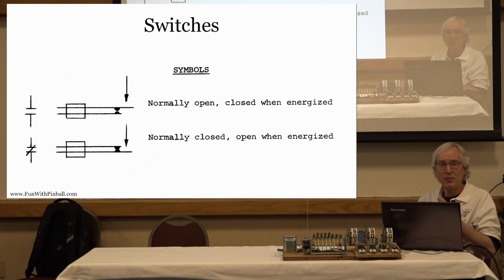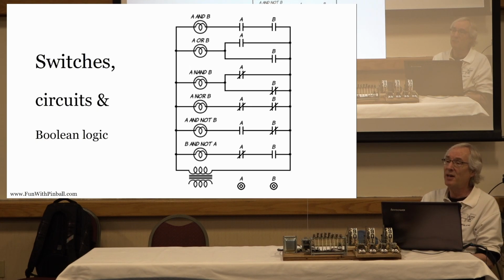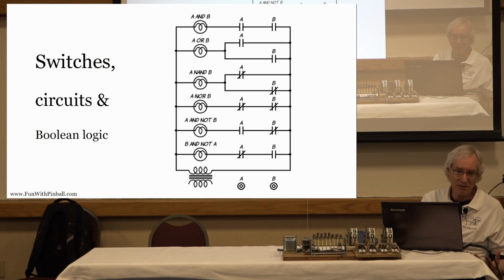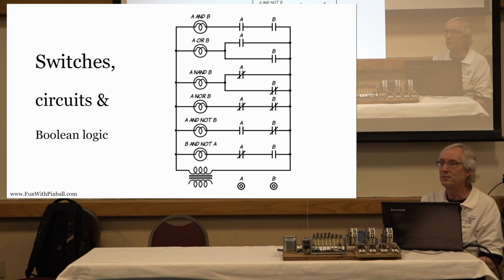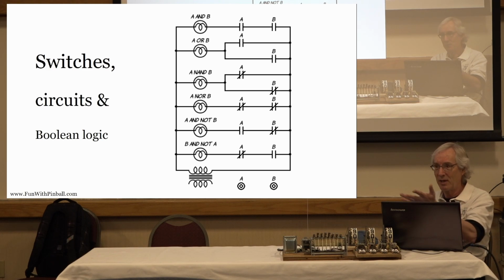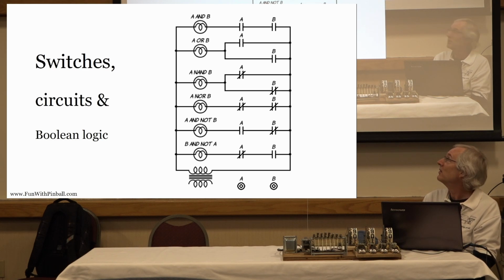But just having a single switch and a coil isn't terribly interesting. What gets interesting is when I start to combine these switches in various patterns. And that's what determines the behavior of your game or the behavior of the device that you're trying to control. So here is a contrived example where I have a bunch of light bulbs and a power supply. This is a transformer at the bottom. And I just have different kinds of switches in different kinds of configurations.